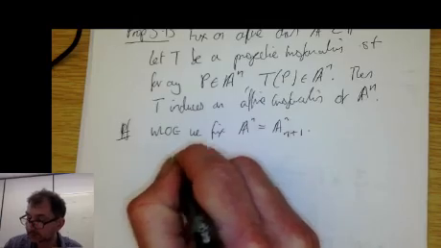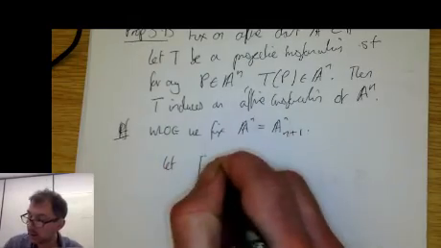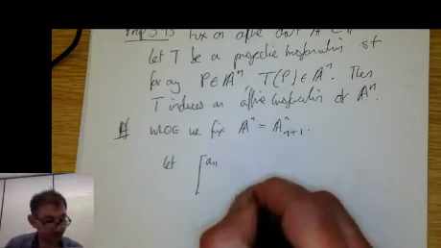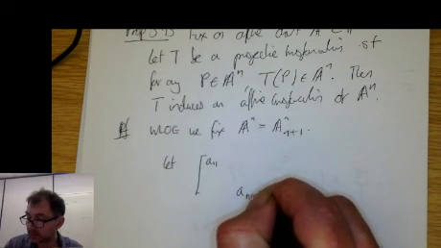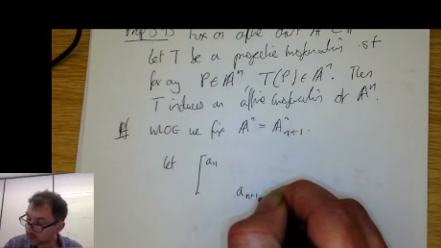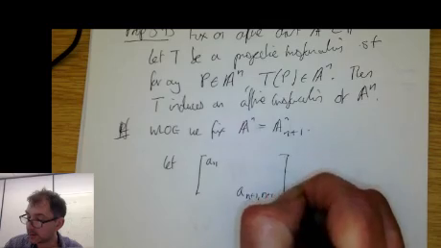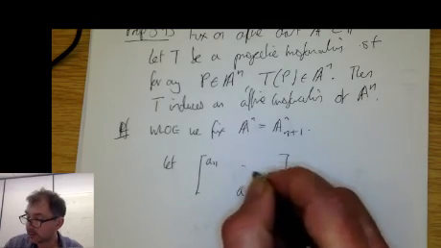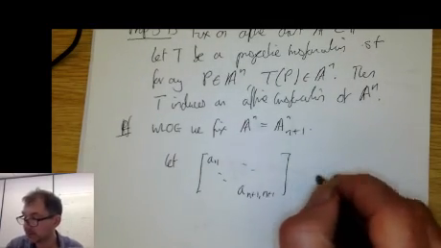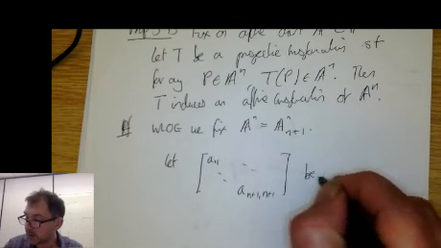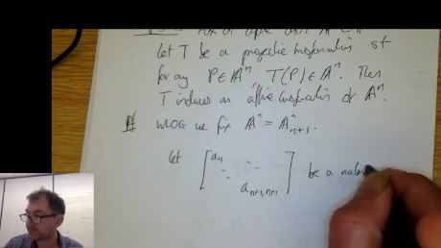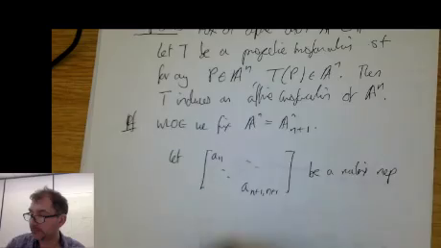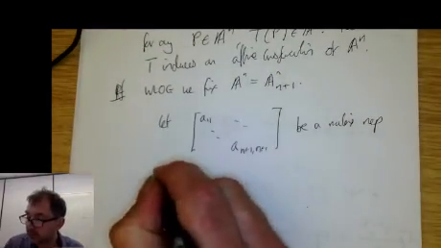So let A, with entries A11 up to A(n+1)(n+1), and I'll assume you can fill in the rest of those, be a matrix representative of T.